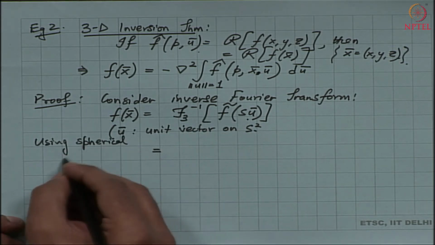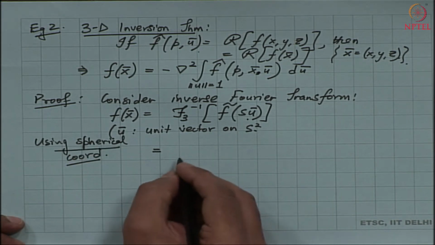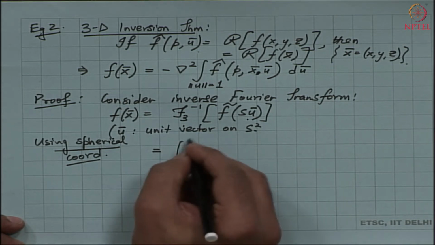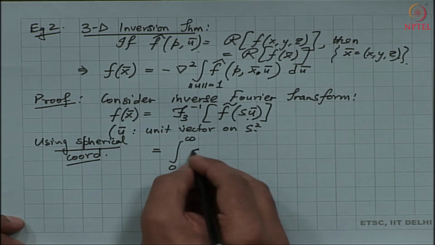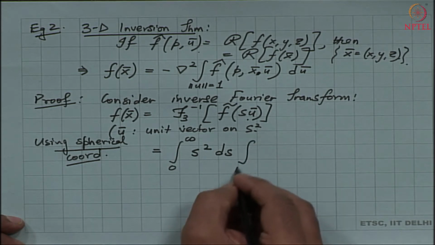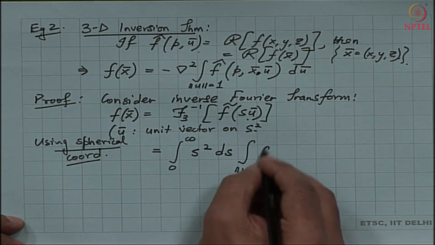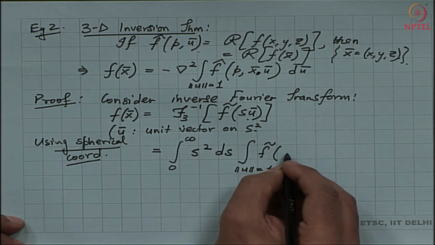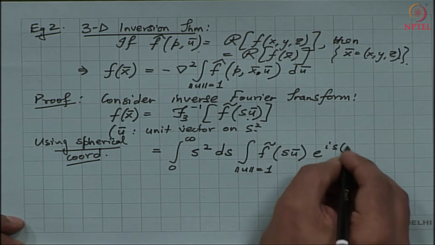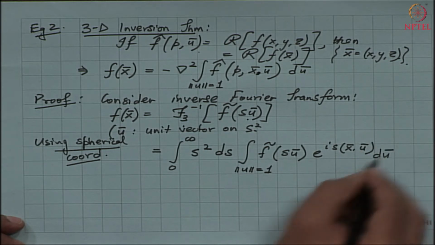Rewriting the integrals in spherical coordinates, I get the following integrals: integral s squared ds times the integral over all direction cosines of f tilde of s u bar, e to the power i s x bar dot u bar, du bar.